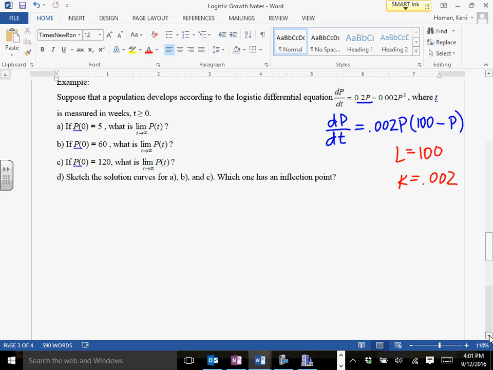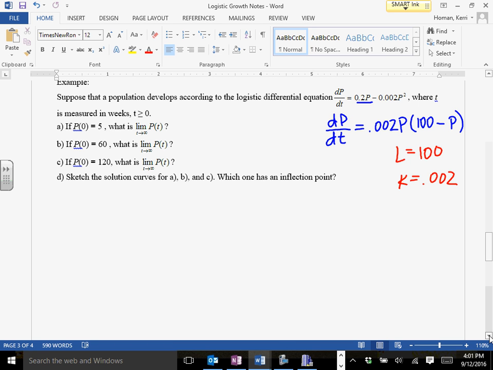Our L value stands for our carrying capacity. So no matter what our initial condition is, our population will always approach our carrying capacity. Okay?